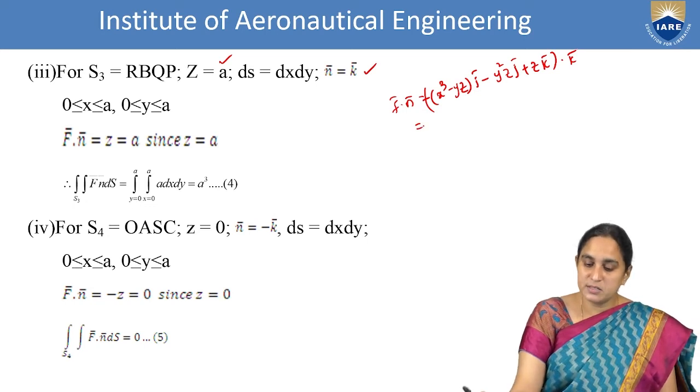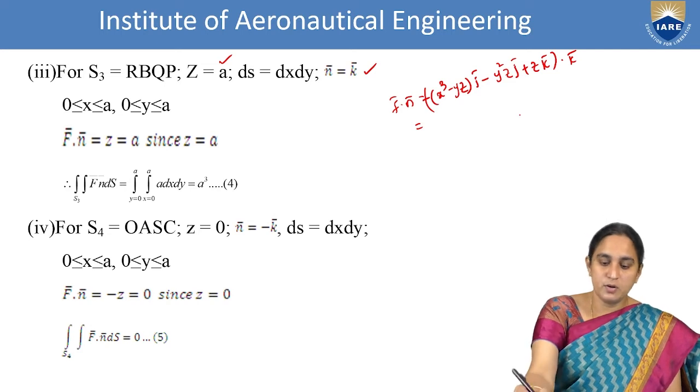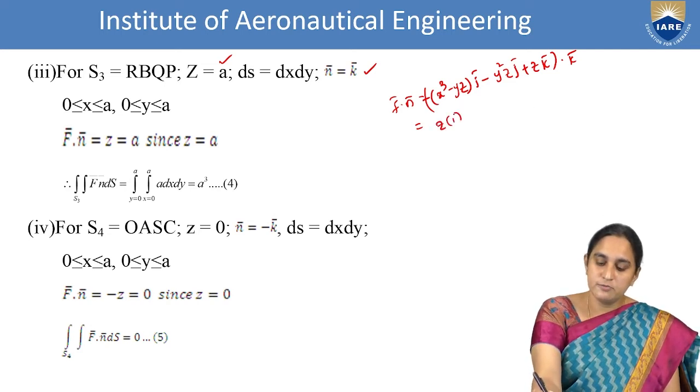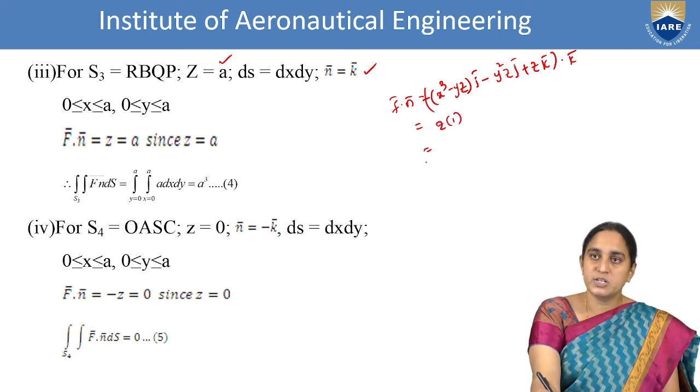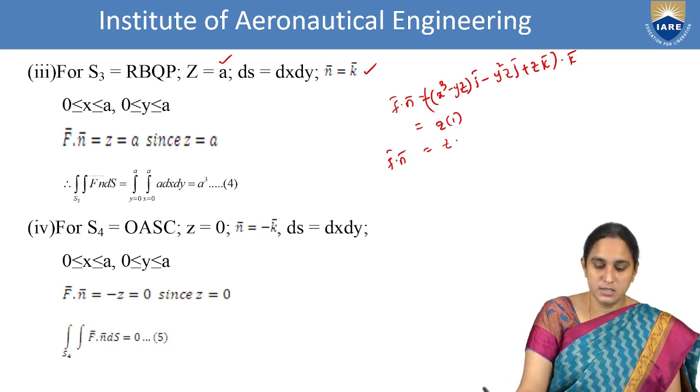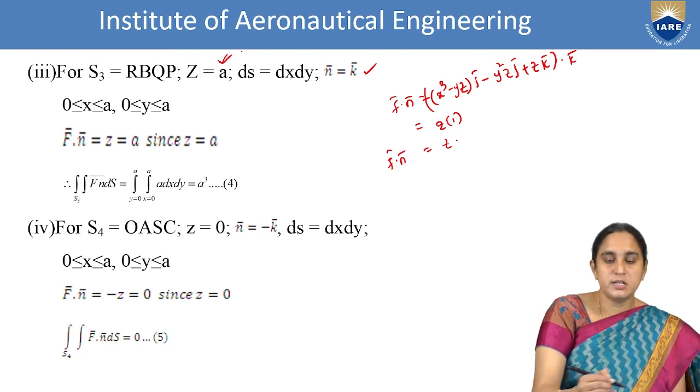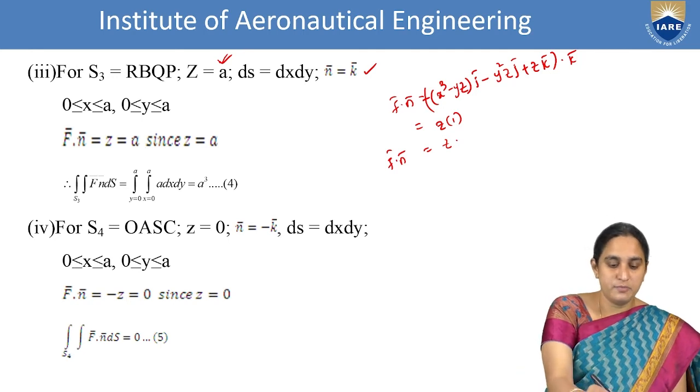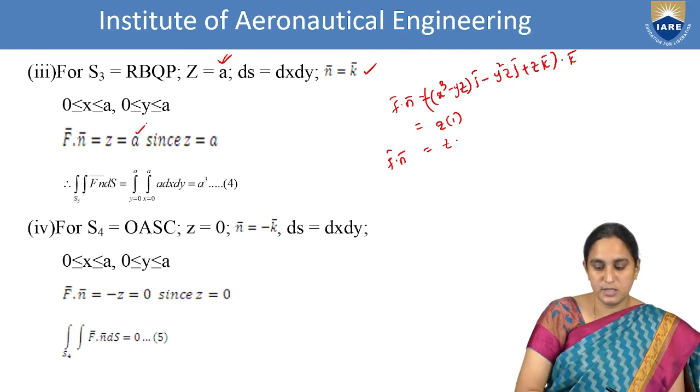Multiply both vectors. Here n bar is k bar only, so directly we get z times 1: the k bar coefficient from the first vector is z, and from the second vector it is 1. That is z. Therefore F bar dot n bar is equal to z. But from the condition here, z is equal to a. Therefore F bar dot n bar is equal to a.